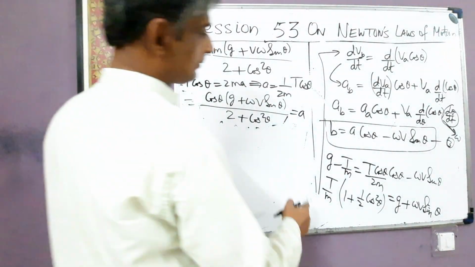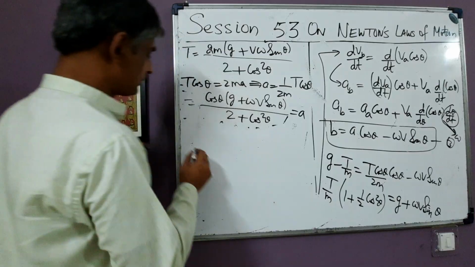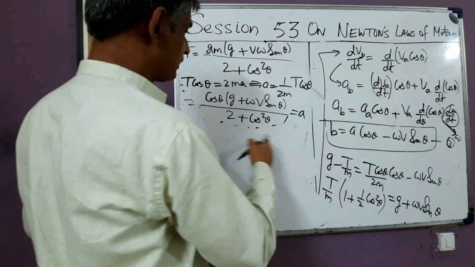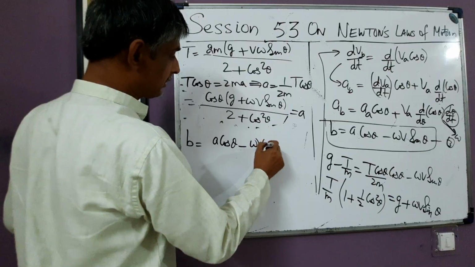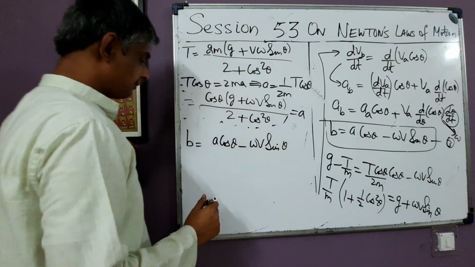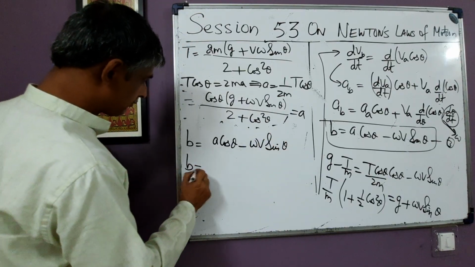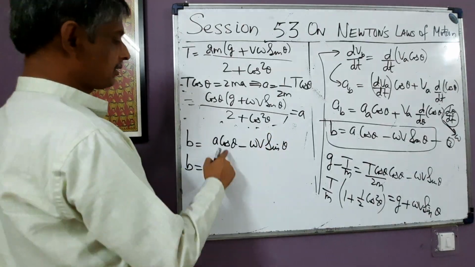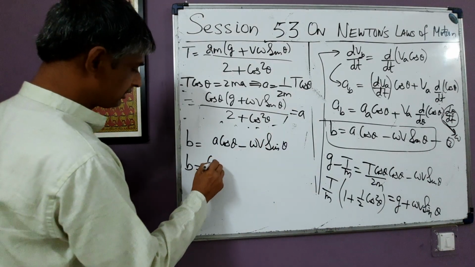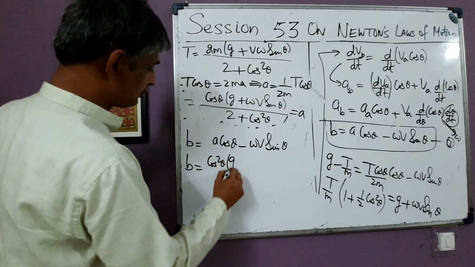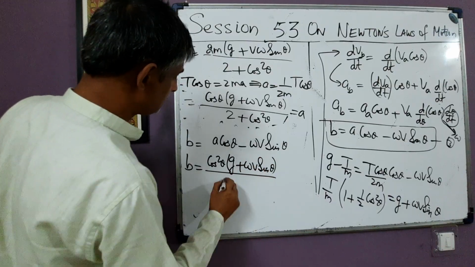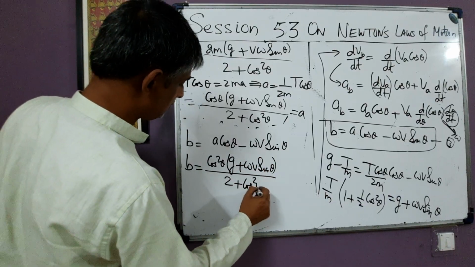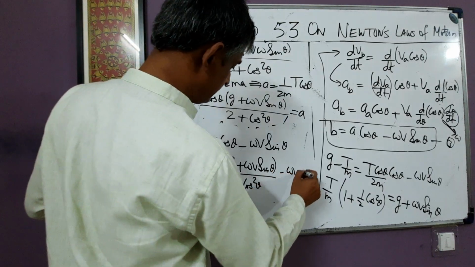And what about B? B we get from this. B is equal to A cos theta minus omega v sin theta. So I place A here: cos square theta into G plus omega v sin theta, minus omega v sin theta.